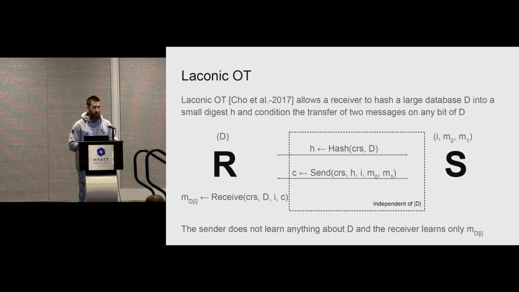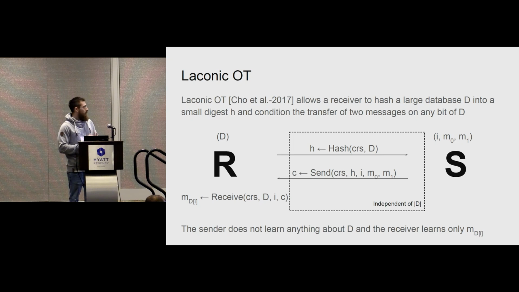And now let's go to the less standard notion, which is Laconic OT. Laconic oblivious transfer was introduced a few years back by Cho et al. And you can think of this as doing standard oblivious transfer over large data sets. And again, this is also an extremely useful tool. So let's be slightly more concrete.